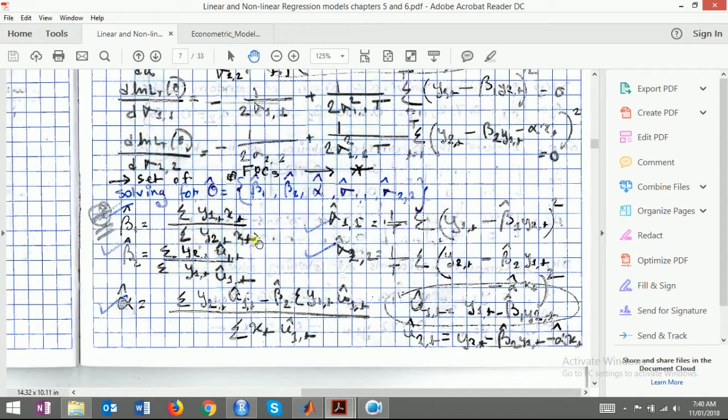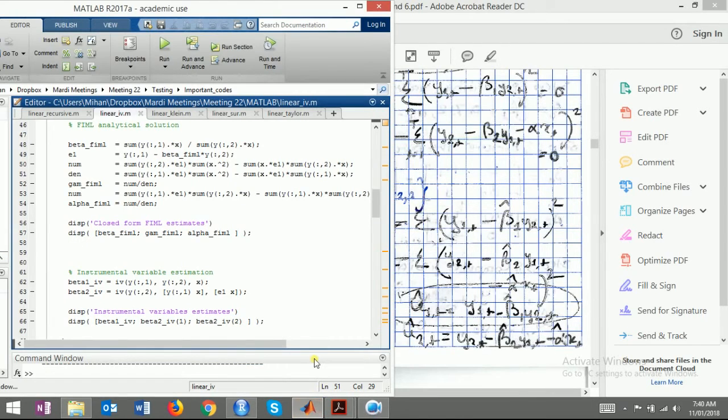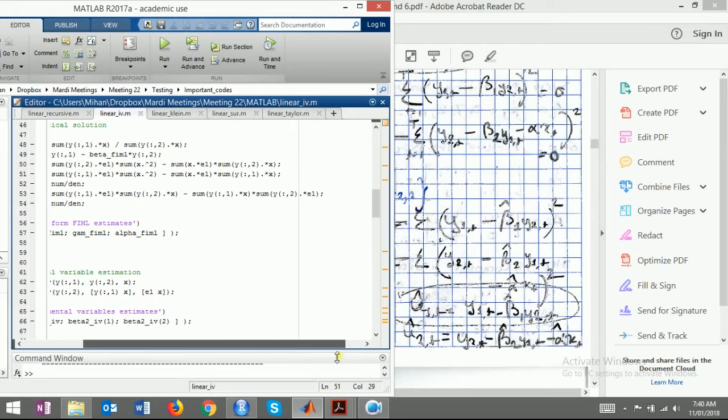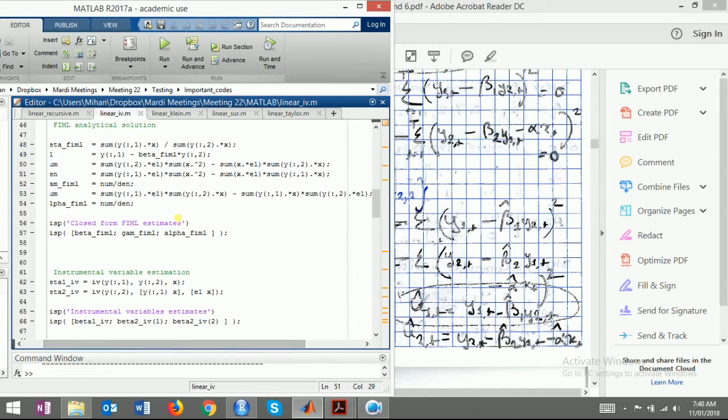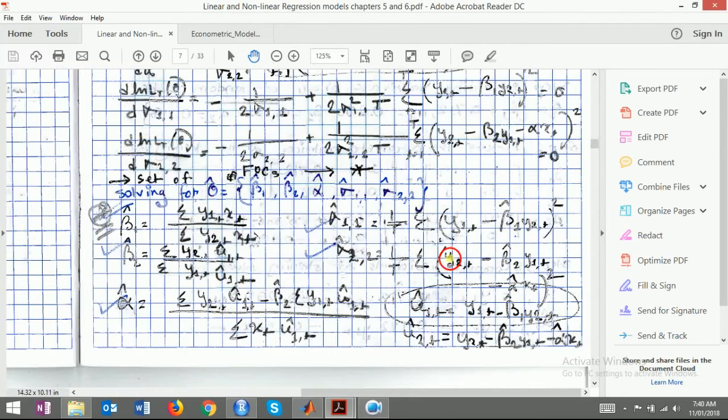And gamma and alpha: gamma finally is num by den, and alpha is y1 e1 y2x minus y1x y2 u1, y1 u1 multiplied by y2x, y2 u1 multiplied by y1x, u1 multiplied by y2x, y2 u1 y1 u2 multiplied by x.